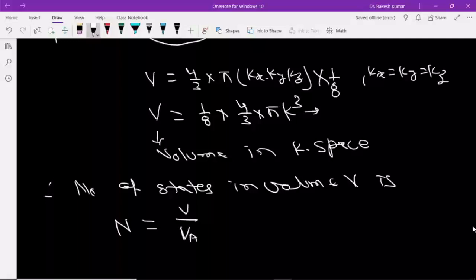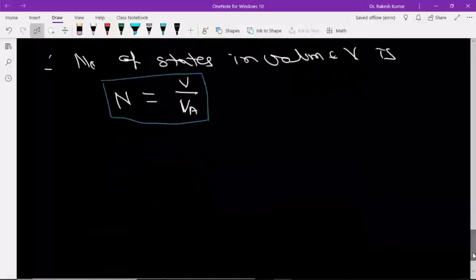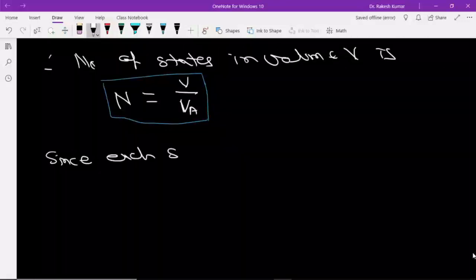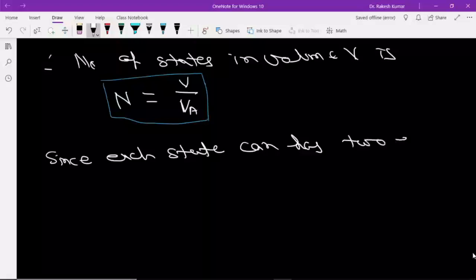V by Va. So this is very important to note. And again, since each state can have 2 electrons, ultimately n is equal to double of this number, V by Va.